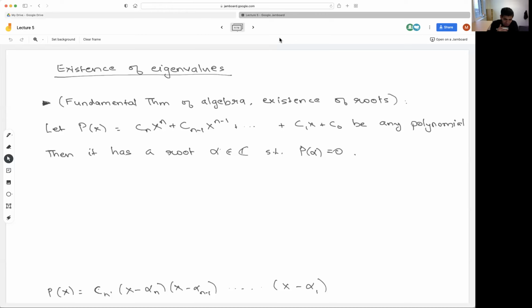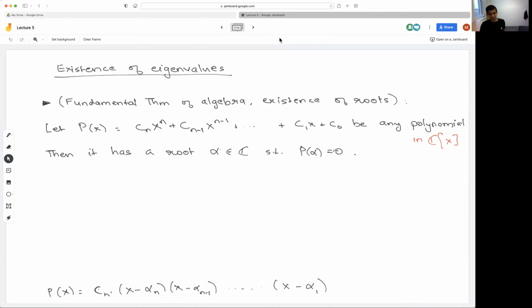Here, we'll use a theorem from algebra about polynomials: if you have any polynomial, let's say with complex coefficients, then it has at least one root.